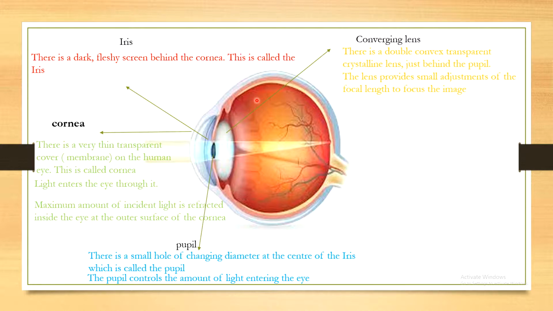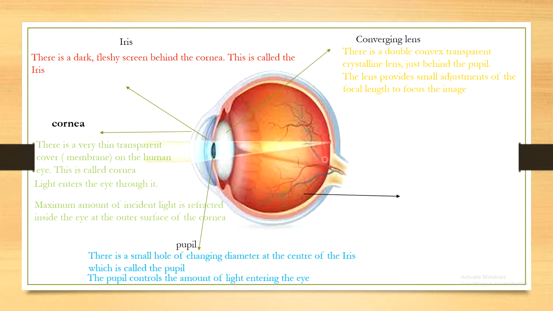This lens creates a real and inverted image of the object on the screen of the eye. So this is the function of the converging lens. It is a double convex transparent crystalline lens, and it provides small adjustments of focal length to focus the image on the screen.